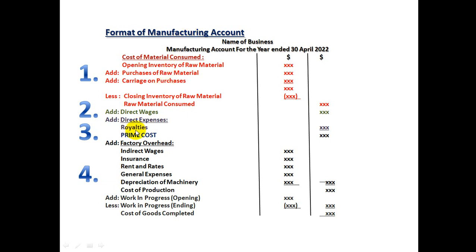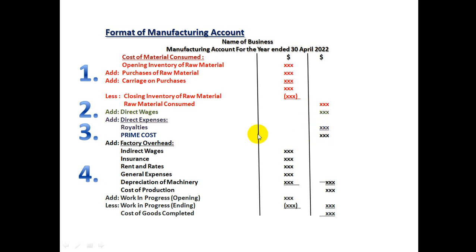Royalty is actually the payment which we make to the real owner of any invention. If royalty charges are given to us in the question, they will be written under the heading of direct expense, and this is basically the third part of our statement. Royalty or direct expenses will be added to the raw material consumed and direct labor.